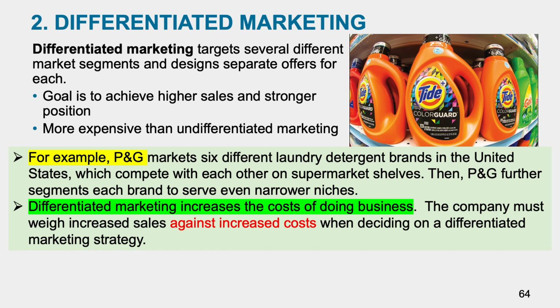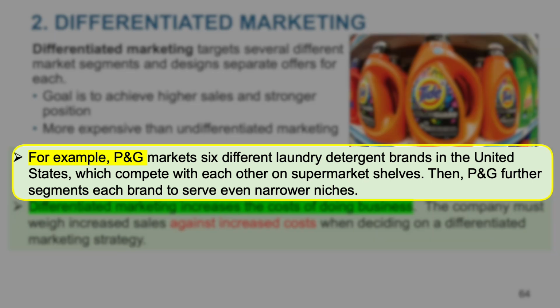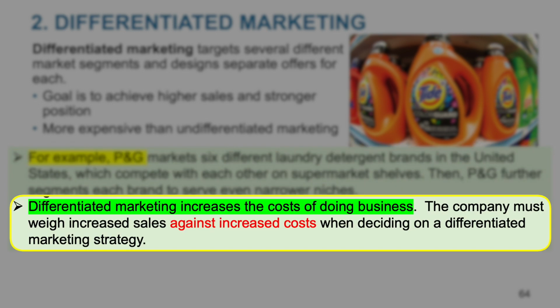For example, P&G markets six different laundry detergent brands in the United States which compete with each other on supermarket shelves. Differentiated marketing increases the cost of doing business. The company must weigh the increased sales against the increased costs when deciding on a differentiated marketing strategy.